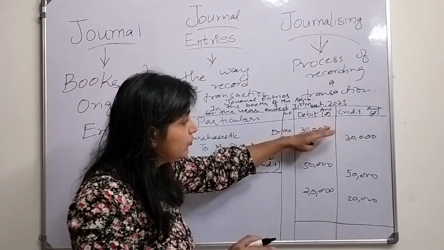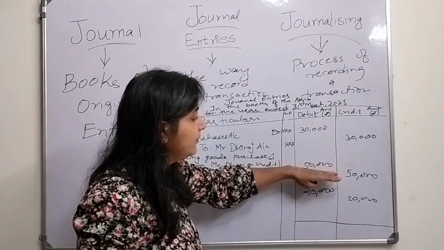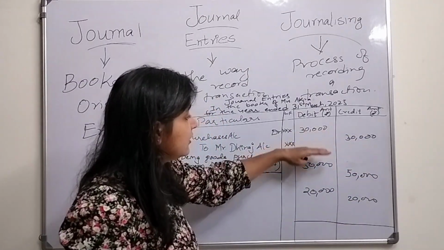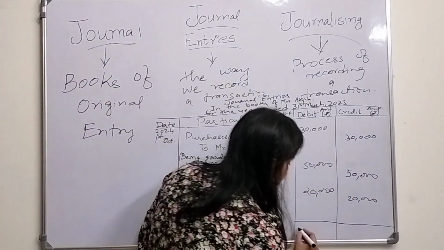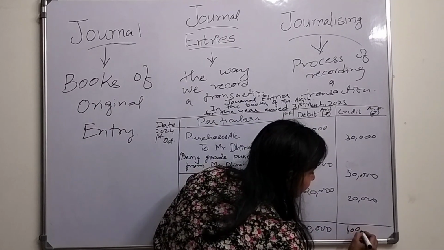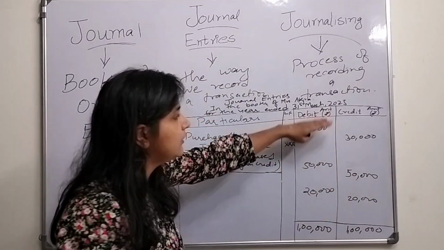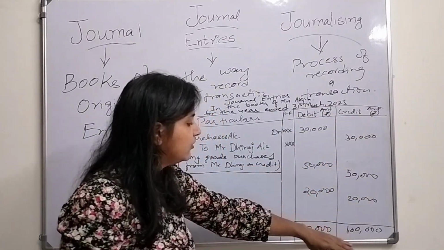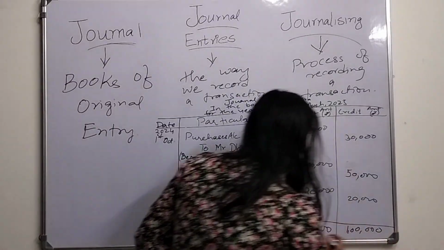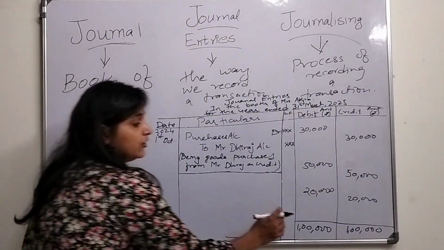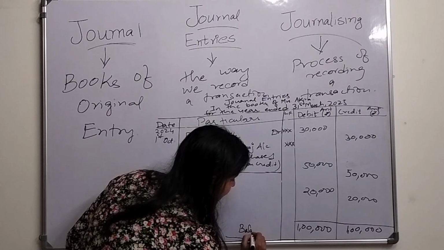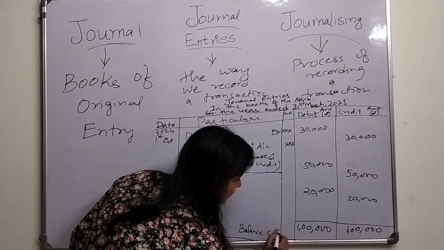Now, we have to total the debit amount as well as the credit amount. 30,000 plus 50,000 plus 20,000 is 1 lakh. At the end of the page, we are going to total the debit amount and the credit amount, and write it at the end of the page. This is the end of the page. We are going to write the amount, and we are going to write balance carried forward.